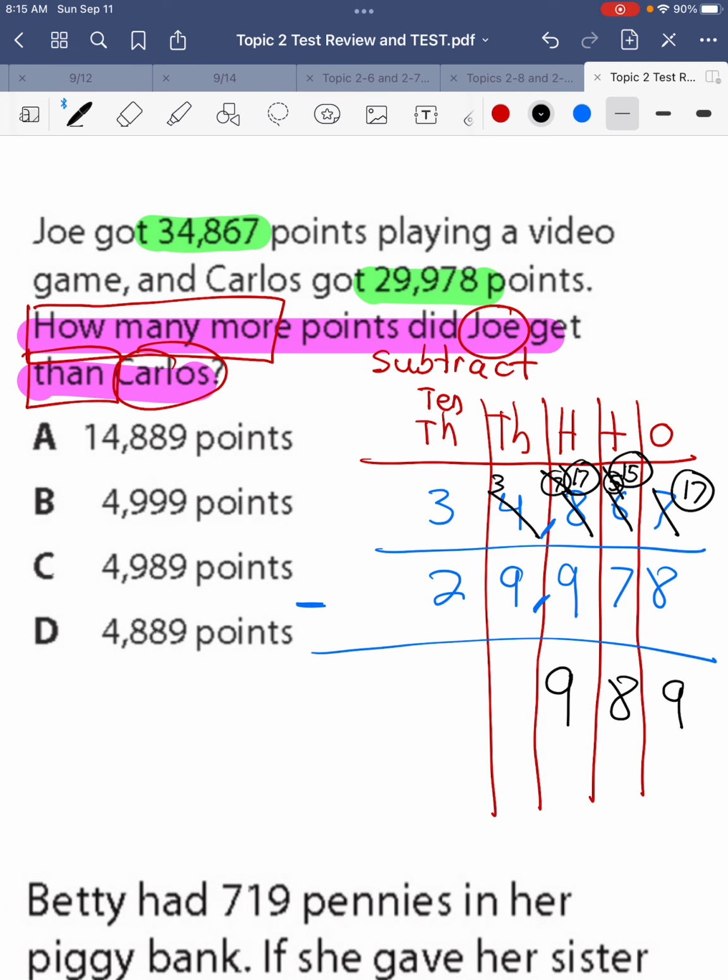I take away from the other 3. It becomes a 2. And this 3 becomes a 13. So 13 minus 9, 9, 10, 11, 12, 13, 4. So I have my answer is 4, and 2 minus 2 is 0, so my answer is 4,989.